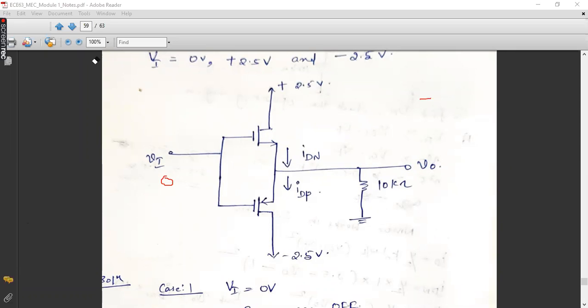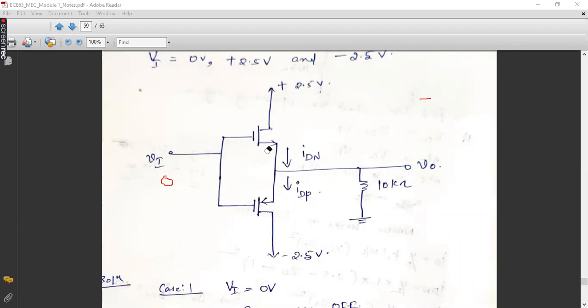For NMOS, your gate voltage should be more positive than the threshold. For PMOS, it should be more negative than the threshold, because the threshold voltage itself is negative for a PMOS, so as to induce a channel and current conduction to take place as far as a PMOS is concerned.